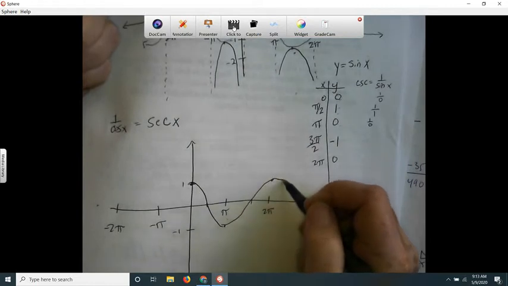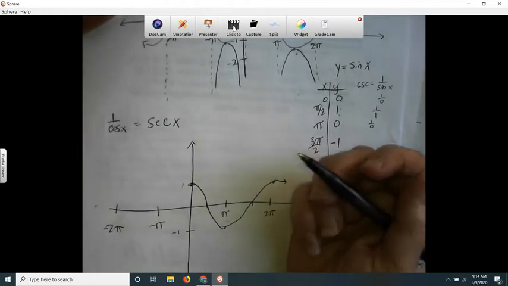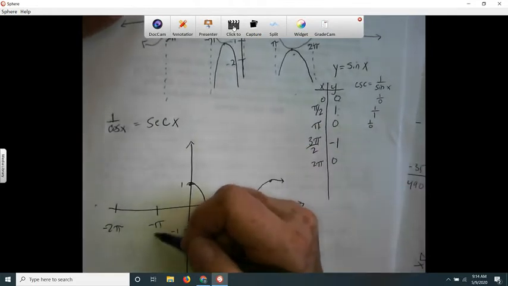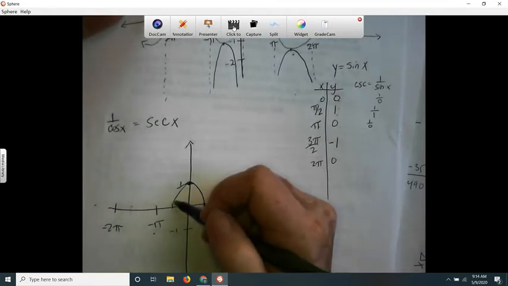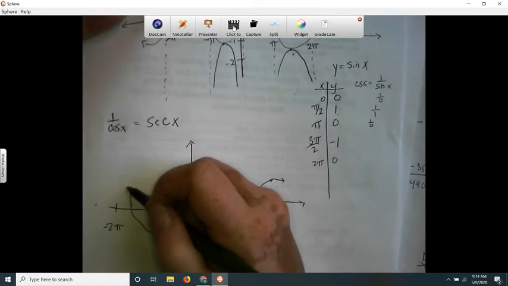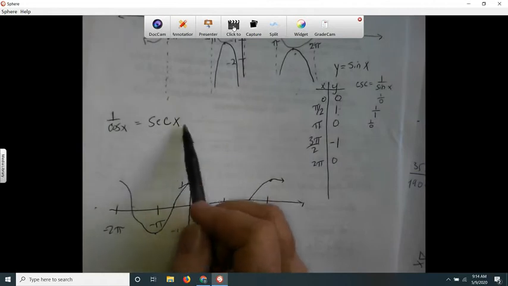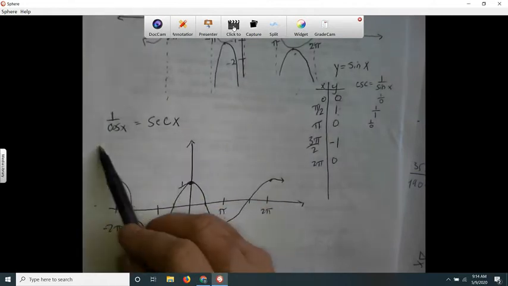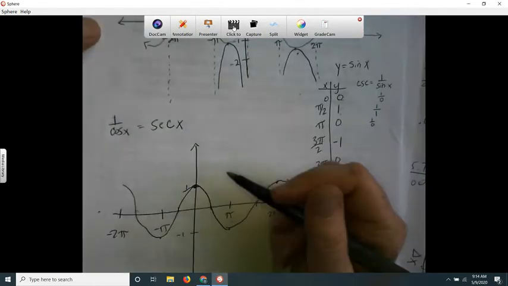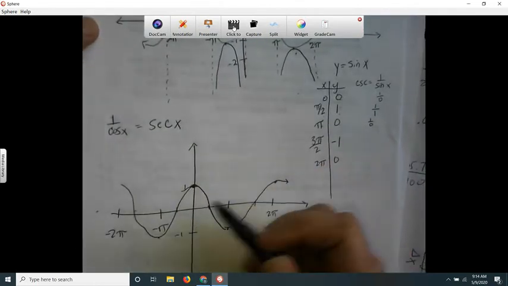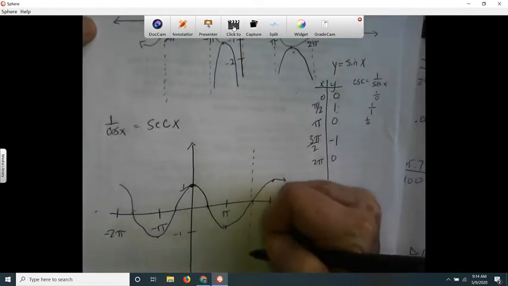I'm assuming that you're a little bit familiar with the graph of cosine. So I graphed cosine. I'm trying to graph secant, but I'm using the graph of cosine to help me figure out how to graph secant. Wherever cosine goes through the x-axis, I'm going to draw asymptotes.